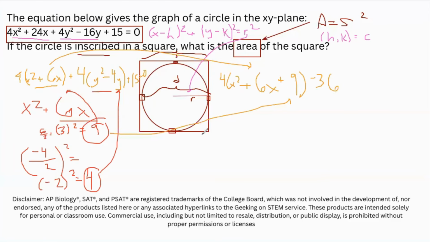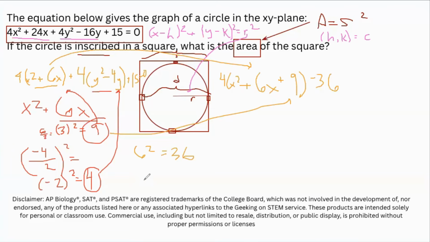The reason why I got 36 is if you take 6 squared, that's going to be 36, right? And so whatever I have to do to the left side, I have to do to the right side. And if I'm completing the squares, I have to subtract because I added it to the other side. So I have to do the same to the left side.